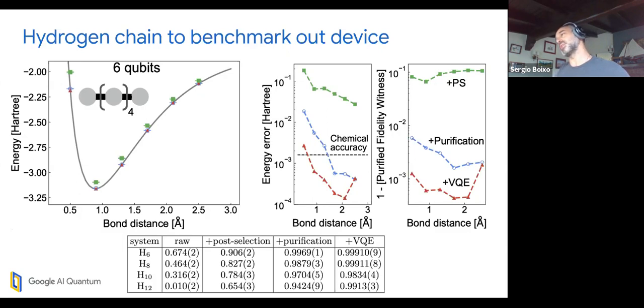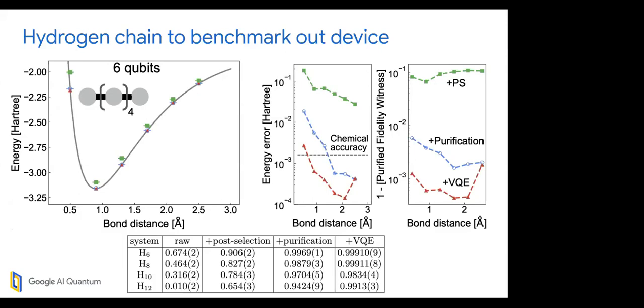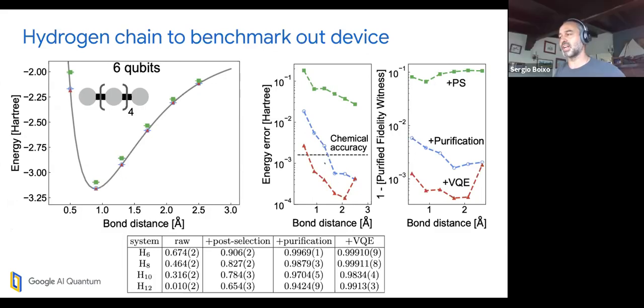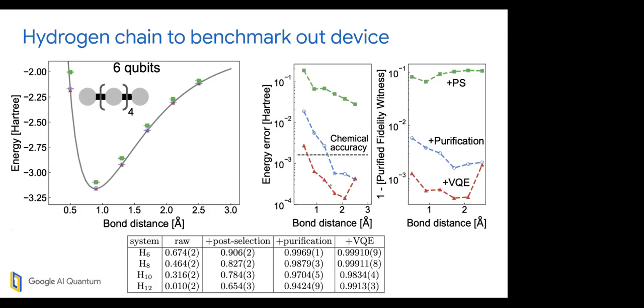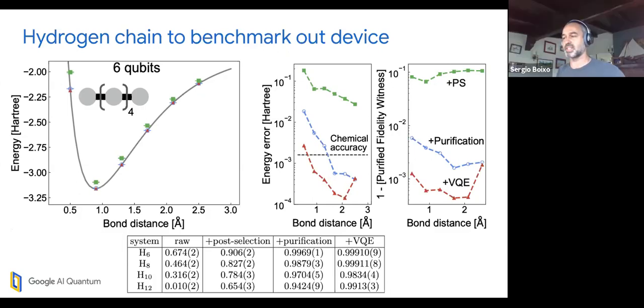So for green and blue, because this is a mean field model, you use what are the optimal values in your circuit, ideally, because you can simulate it. So green and blue are using what you think are the optimal values for your gates. And red is where you do variational quantum eigensolver. Basically, you do a gradient descent of your energy.